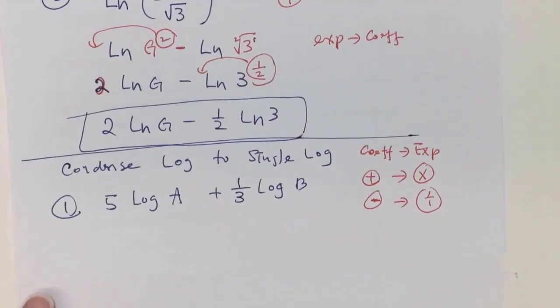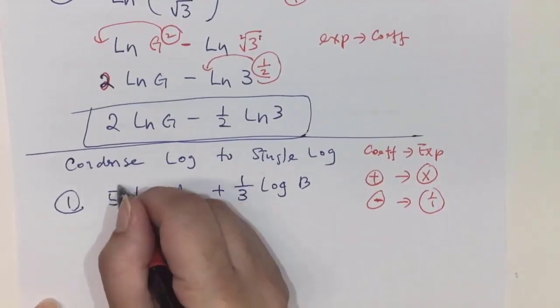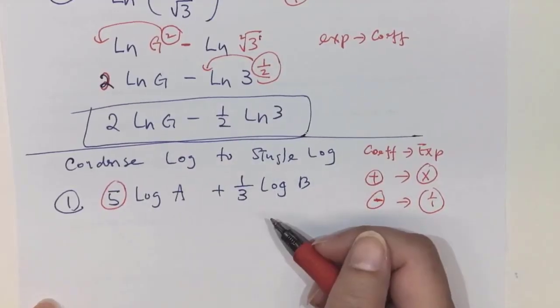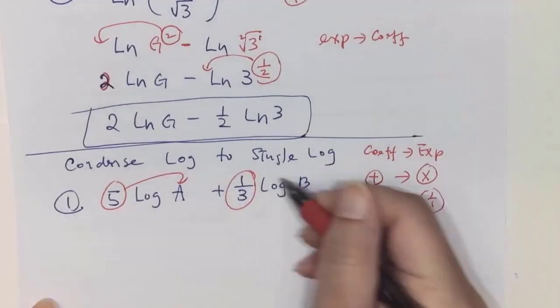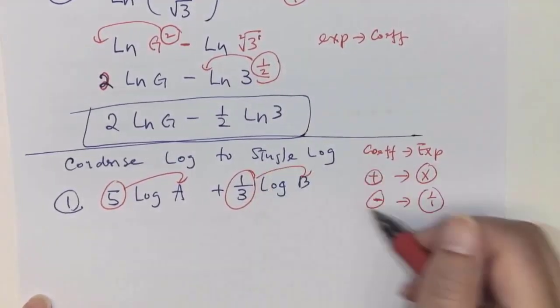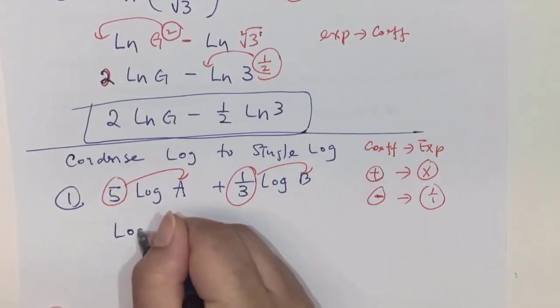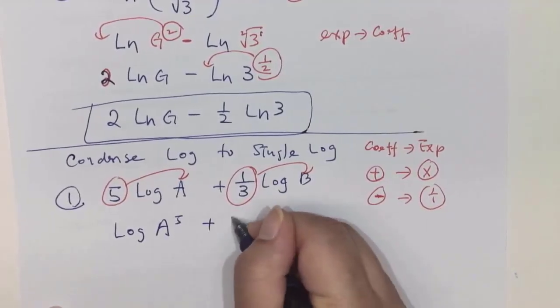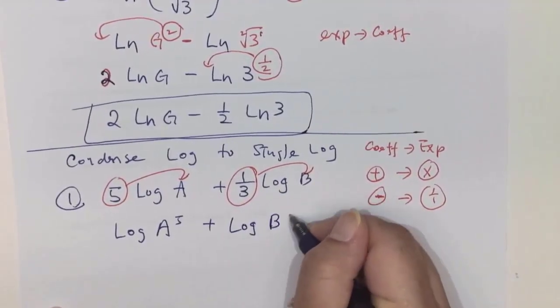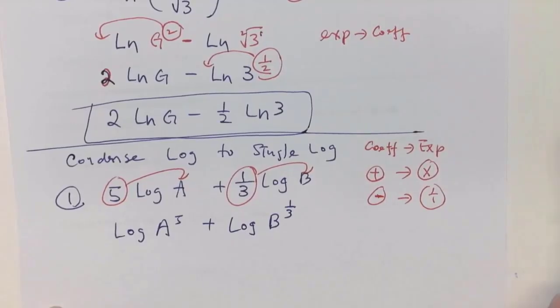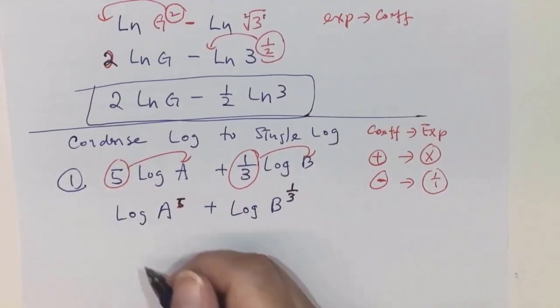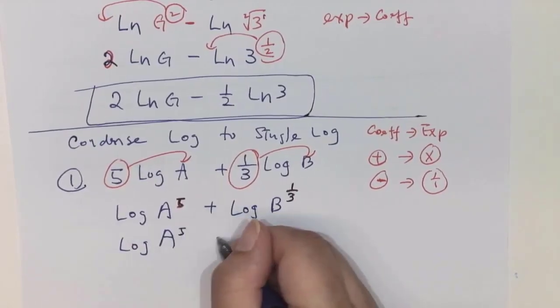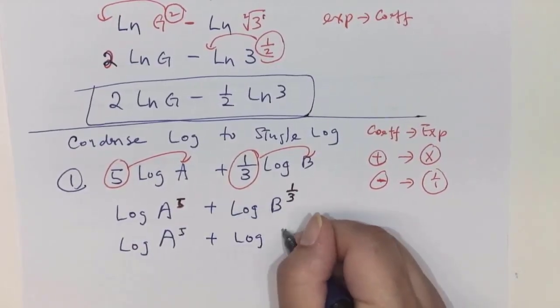Do we have coefficients? Yes. Okay, the 5 goes where? 5 goes to A, and then 1/3 goes to B. Okay, so let's do that first. Log of A to the 5th plus log of B raised to the 1/3 power. And the 1/3 power can be rewritten as what kind of root? Cube root.